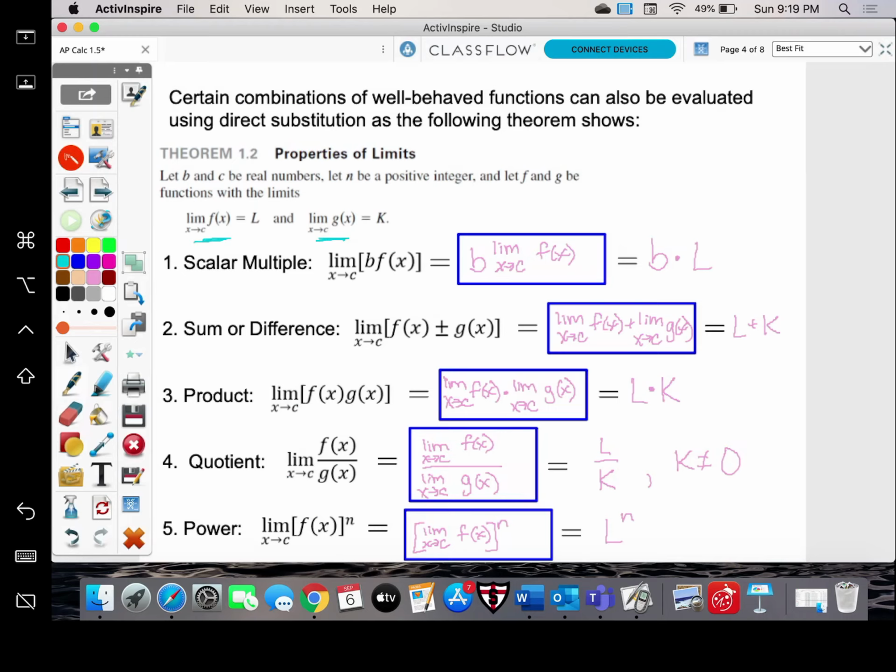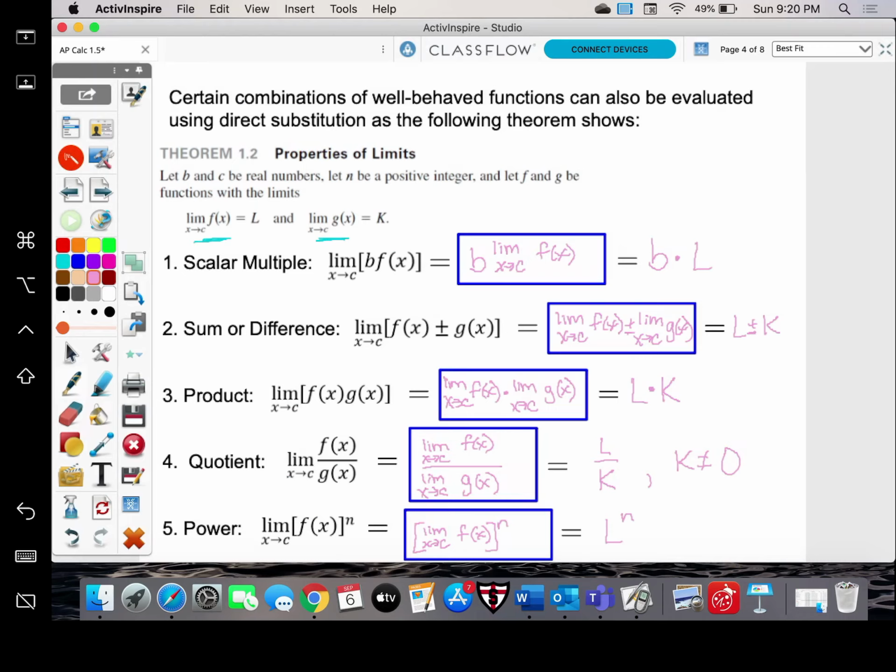If you're going to add or subtract two functions, down here in rule number 2, you would just add or subtract the individual limits. Number 3, if you're going to multiply two functions, you multiply the two known limits. The quotient, as long as the value g of c does not equal 0, you can just divide those two.